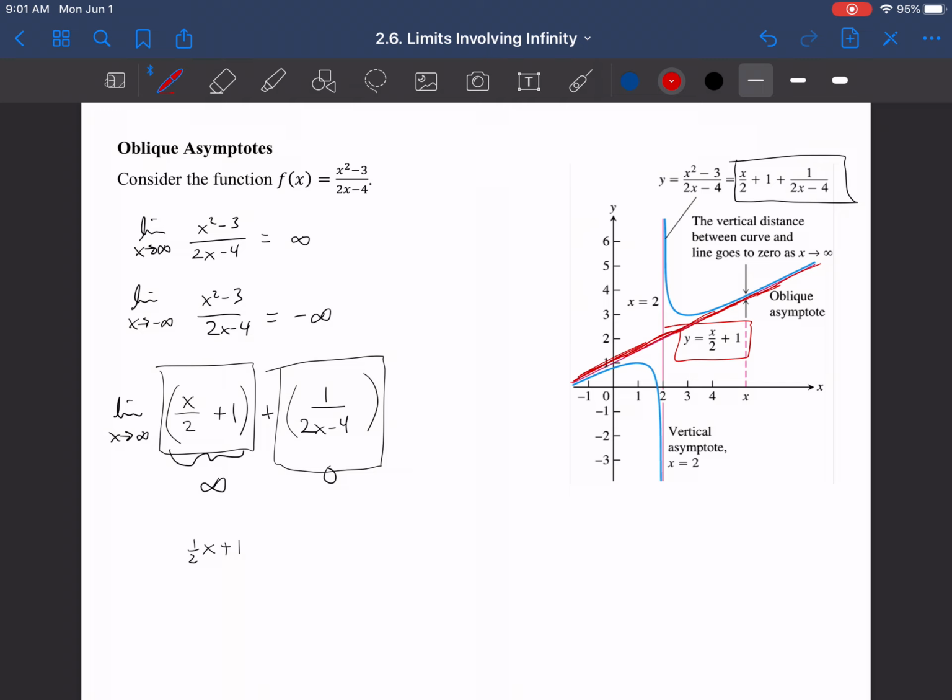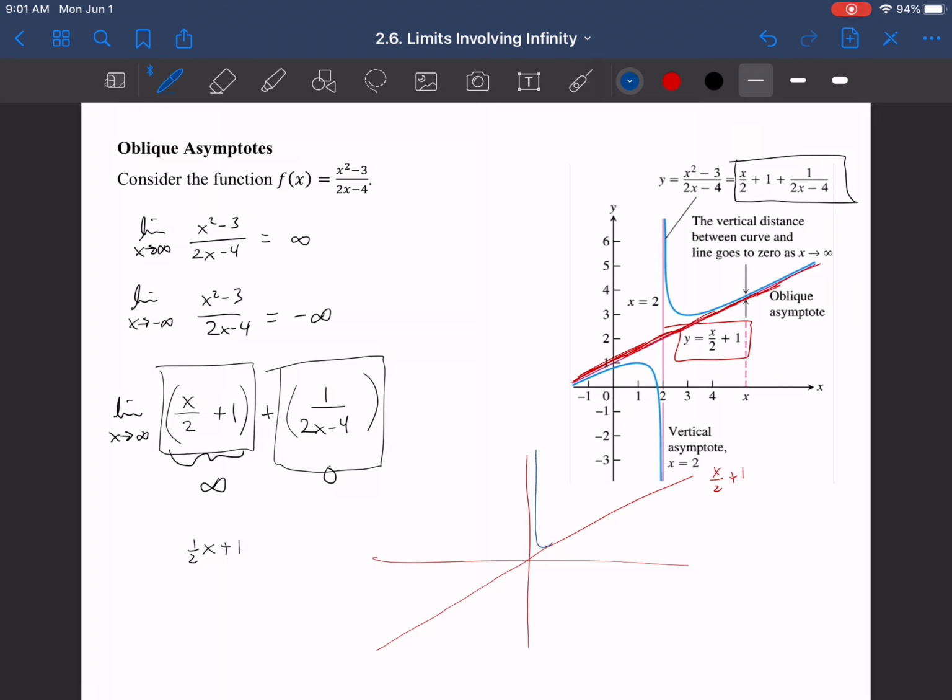Basically, as you zoom really, really far out, you can look at that graph, right? That's my x over 2 plus 1, that line there. And then your other graph is basically going to look like this, where right at 2, it's going to do something like that.